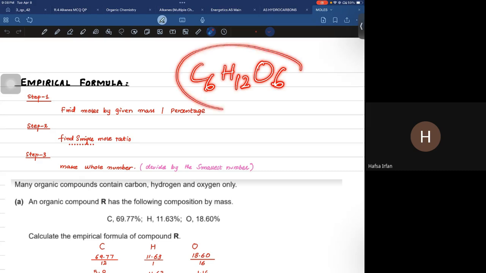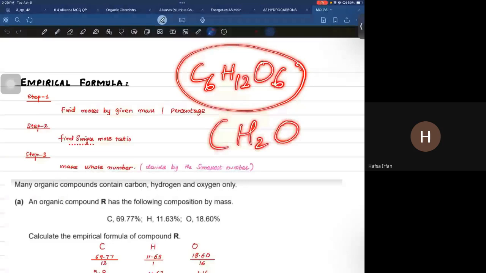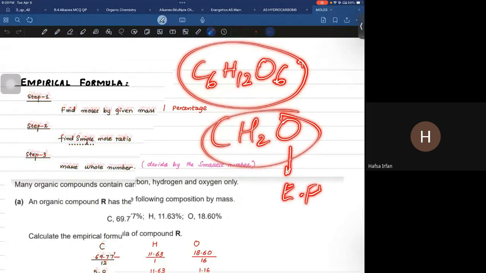Because it can be simplified further. What I did, I have divided the formula by the smaller number, that is 6. This is the simplest formula. This is your empirical formula. This was your molecular formula.